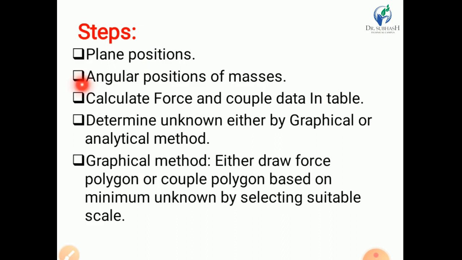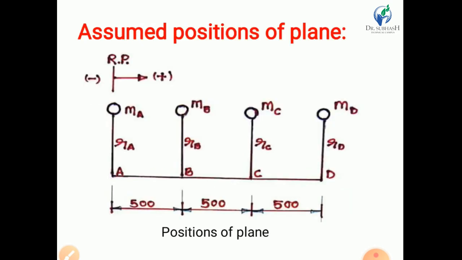Third, calculate the force and couple data. We can solve the problem by either the graphical method or the analytical method, but in this lecture we solve it by the graphical method. In the graphical method we draw a force polygon and a couple polygon based on the minimum unknowns, selecting a suitable scale.